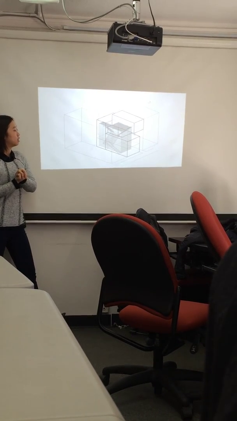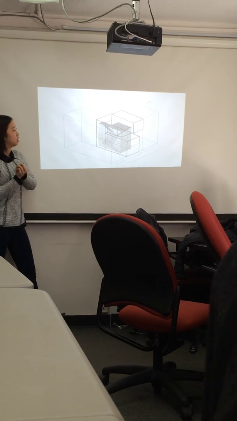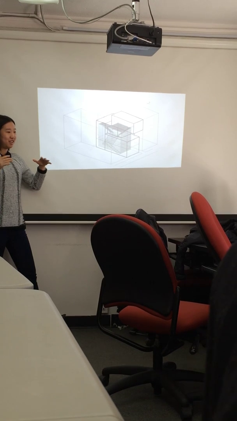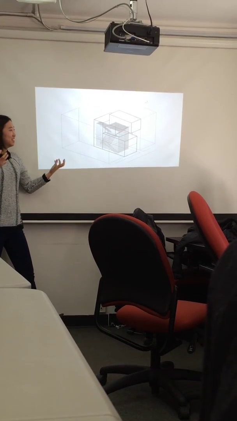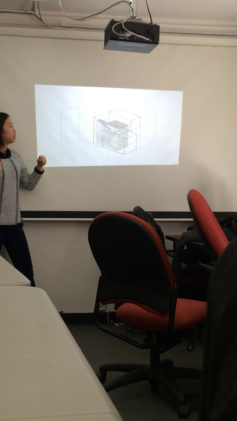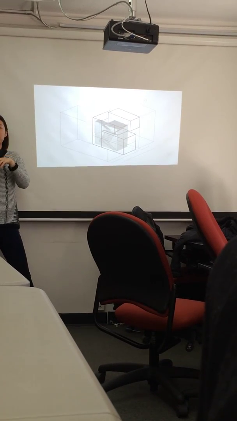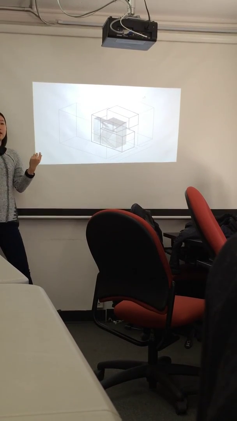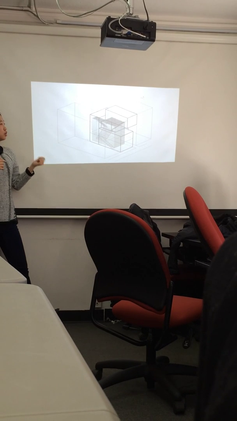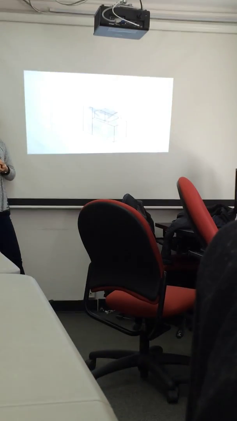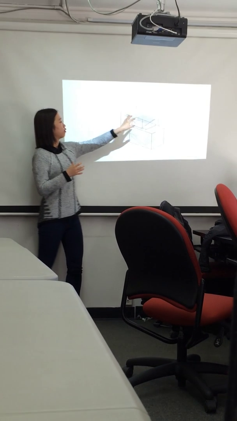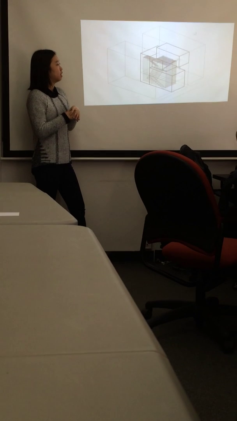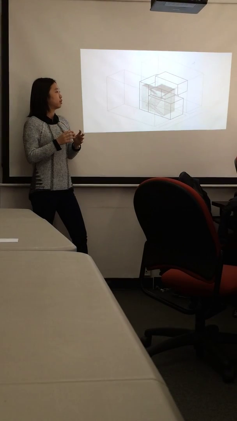But then I found a way to make the public space into the private space, to connect the concept from my previous assignment that two private spaces, when they overlap together, create the public space. But for this one, I put the public space into the private space, but they don't disturb each other.